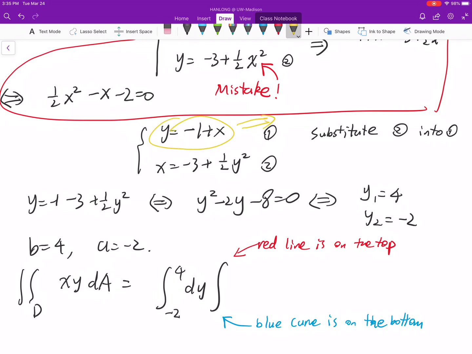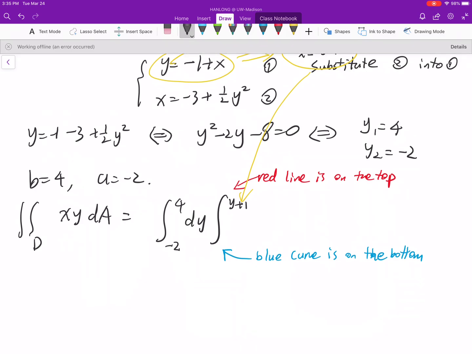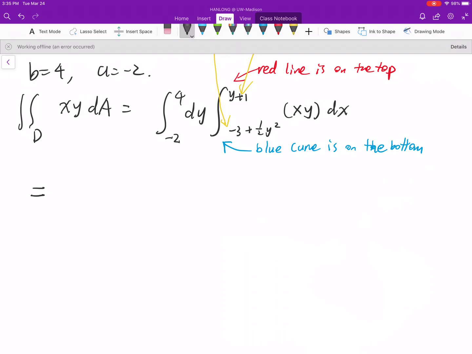But x is y plus 1. Okay, so here this is y plus 1, and on the bottom you should have negative 3 plus 1/2 y squared, and inside you have xy dx. Okay, then let's integrate it.